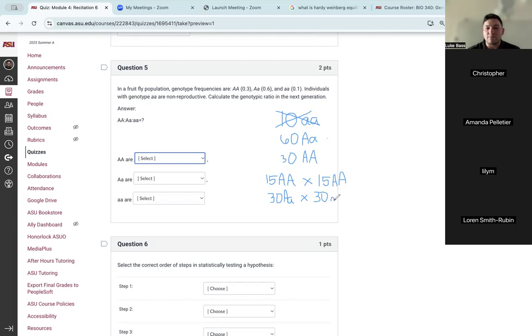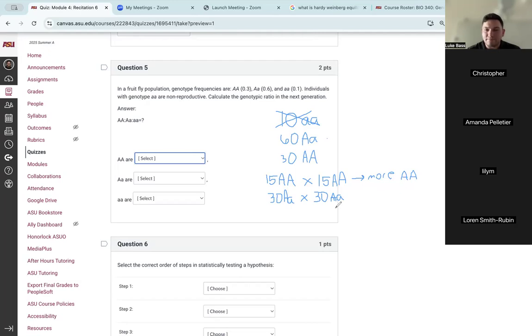I'm just playing out different possible scenarios, and this will give us kind of limits to look at, and then because the answers are limited to certain choices, you can narrow it down. So in this case, all of those 15 AA times the 15 AA are just going to give you more AAs. Out of the 30 heterozygotes, let me say it that way so that we're clear, 30 heterozygotes now mate with another 30 heterozygotes.